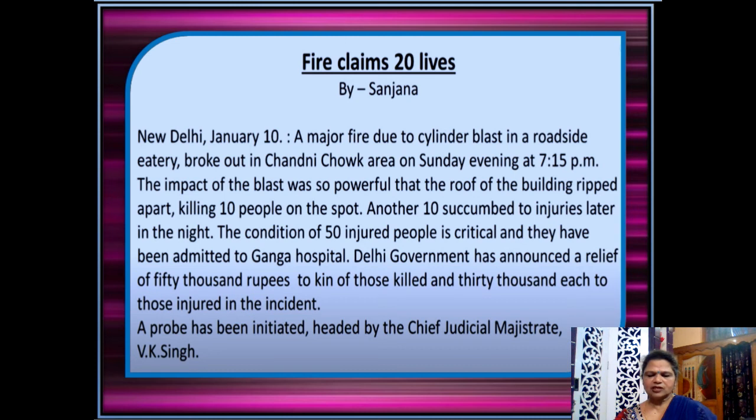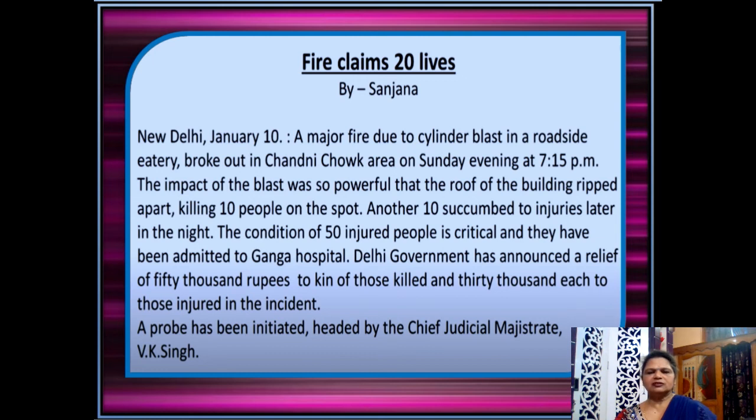Another 10 succumbed to injuries later in the night. The condition of 50 injured people is critical and they have been admitted in Ganga Hospital. Delhi government has announced relief of 50,000 rupees to kin of those killed and 30,000 to kin of those injured in the accident. A probe has been initiated, headed by the Chief Judicial Magistrate V.K. Singh.